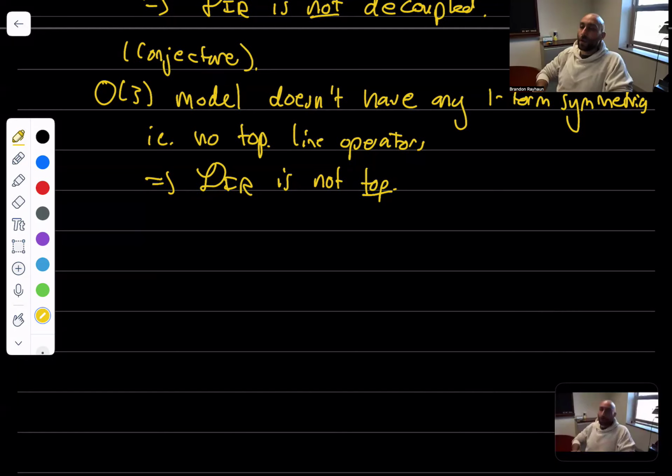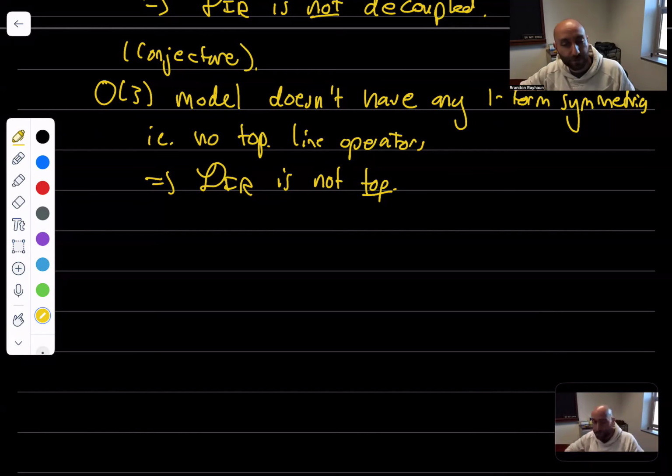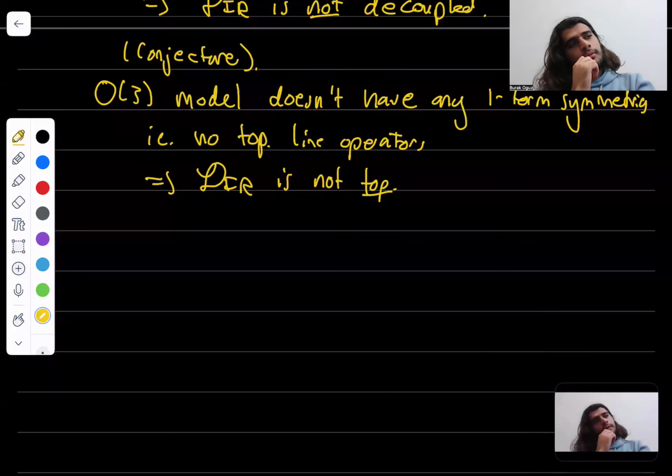Let me think about that. So you want to gauge along a line. I haven't thought about how to do that before. It seems not possible, right? Because the only known symmetries you have are zero-form symmetries. Those form surfaces. How do you gauge a surface just along a line?